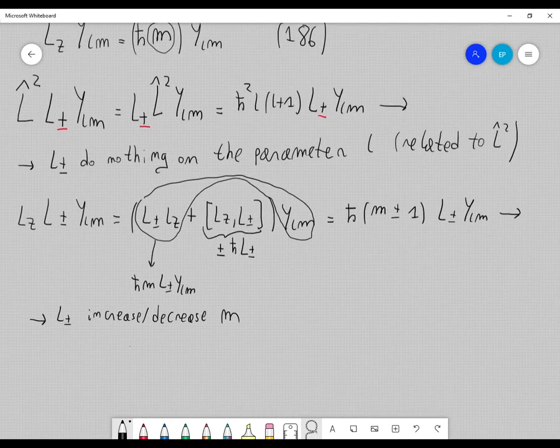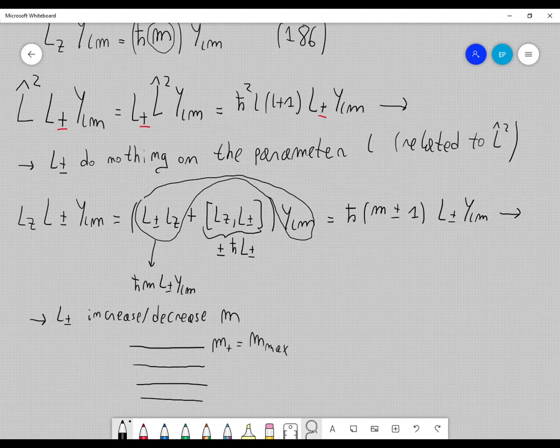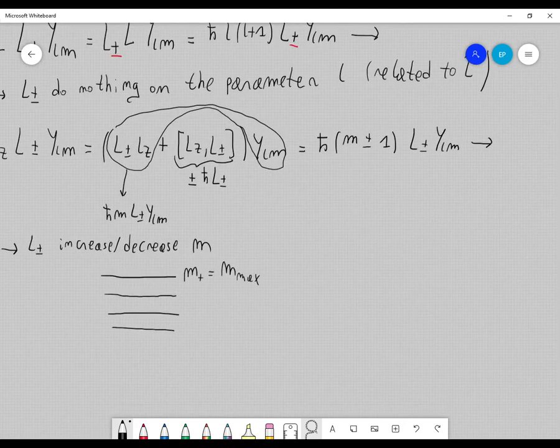We have some maximum value, we will call it M plus, which is equal to the maximum value of M. Then we have other possible values of M, and we will arrive at some point at some ground state. So we have some M minus equal to the minimum value for M.